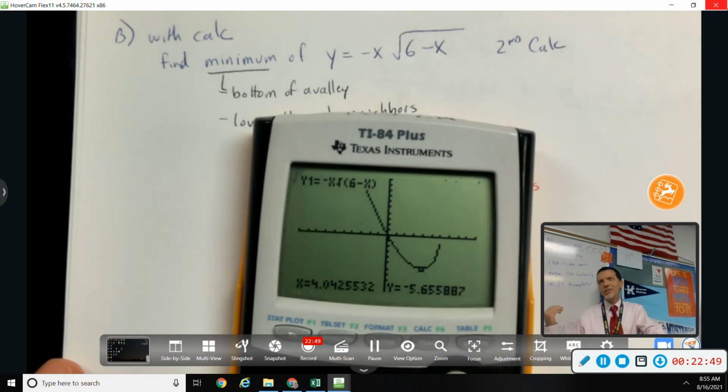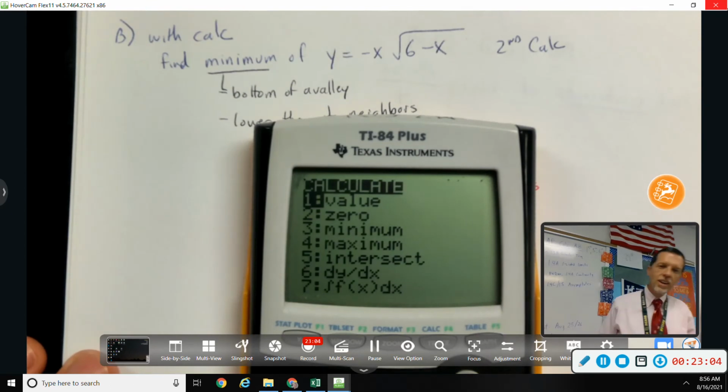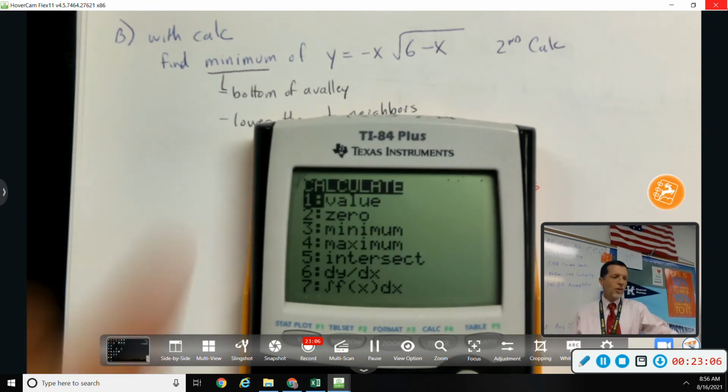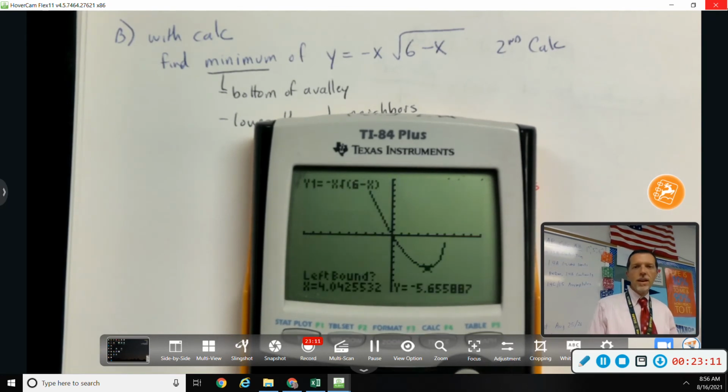There's a teacher that's teaching pre-calc for the first time this year, and we were talking through how to find this. And she's like, okay, how do I find it again? And me and Miss Murray were like, well, you use second calc, and after that, I don't know, it'll walk you through it from there. So second calc, it's like, oh, we're looking for a minimum, so I should probably pick the button that says minimum. And then it walks you through.